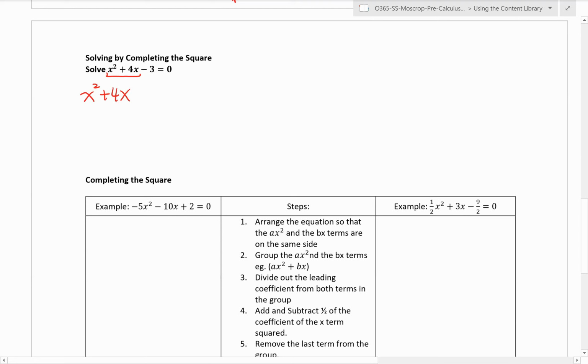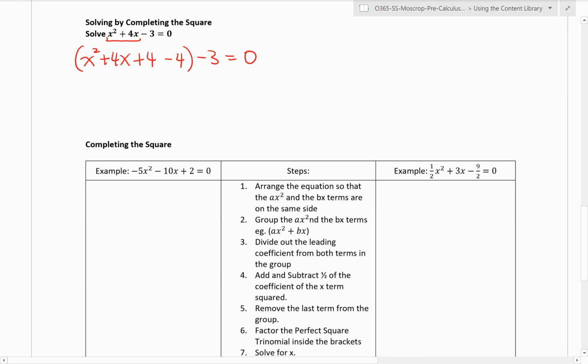And now we're going to take the middle term, that's the x term. We're going to take half of that and then square. So half of 4 is 2, and then 2 squared is 4. So we're going to add 4 and minus 4. I'm going to put that in brackets, and we still have the minus 3 there, equal to 0. So that's step 4.